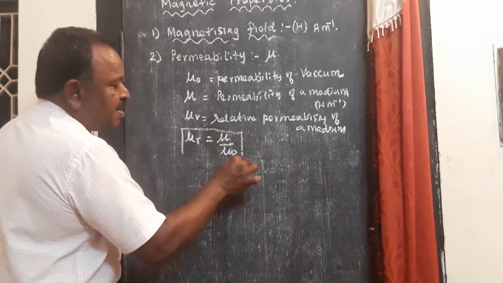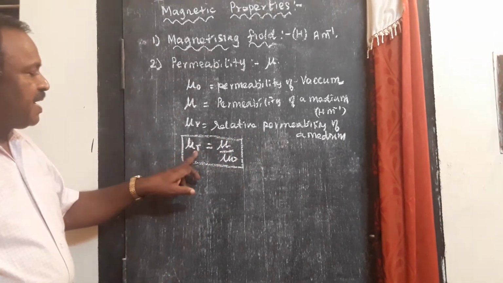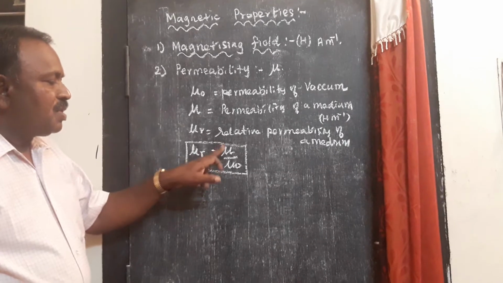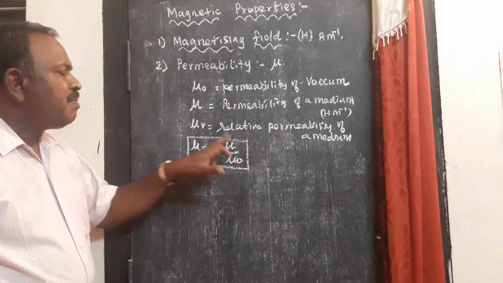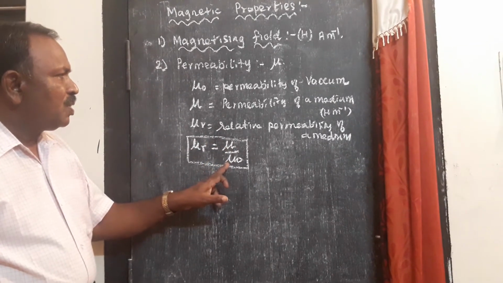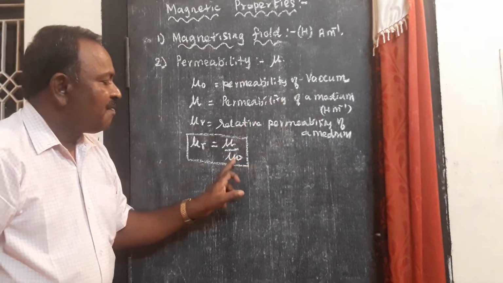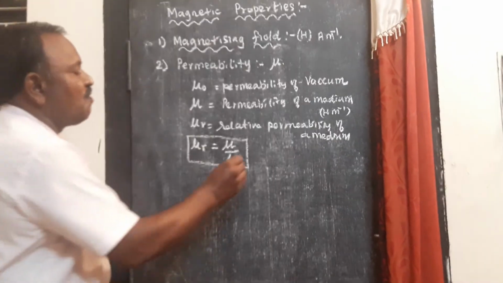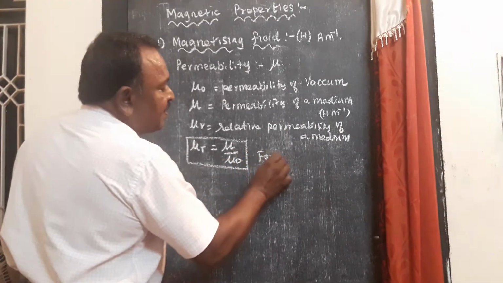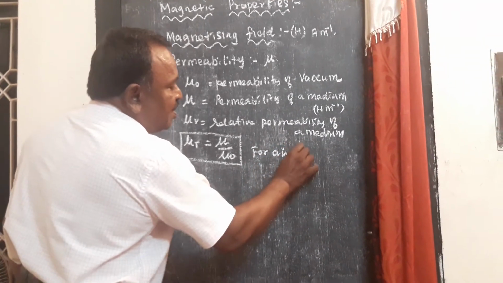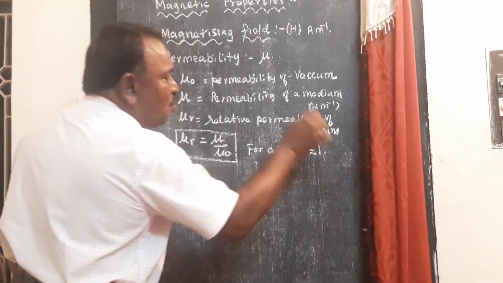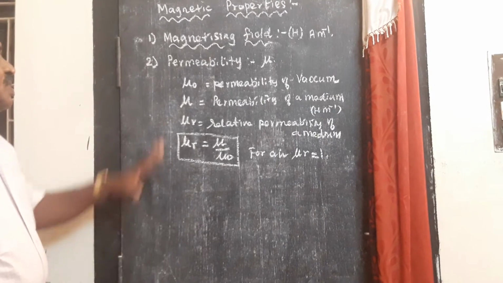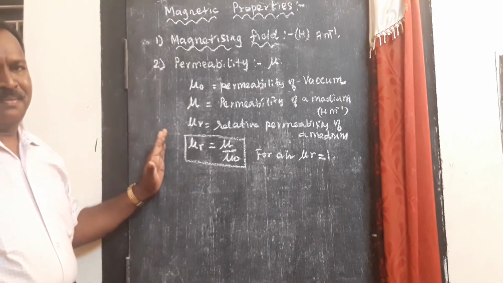So the relative permeability of a medium is equal to the ratio of the permeability of the medium to the permeability of vacuum or free space. For air, mu r takes the value 1. So this is called permeability.